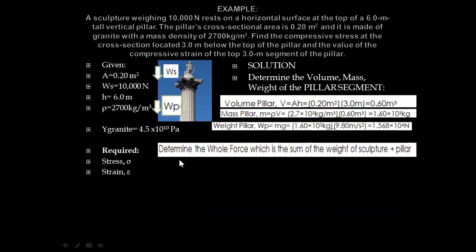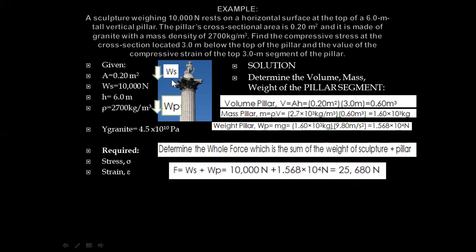The second step is to determine the whole force, which is the sum of the weight of the sculpture and the pillar. At the bottom part, the force is equal to the weight of the pillar plus the weight of the sculpture. The force F is equal to Ws plus Wp, representing the weight of the sculpture and the weight of the pillar.